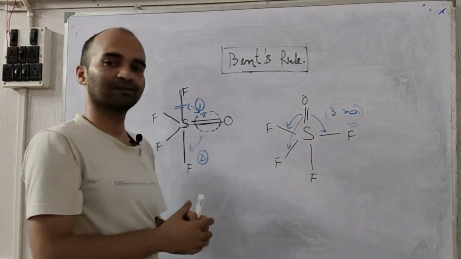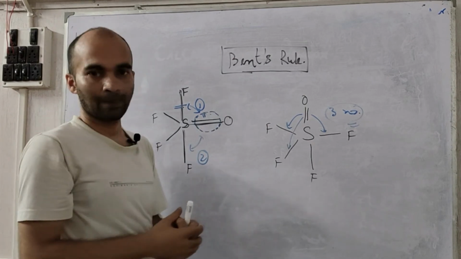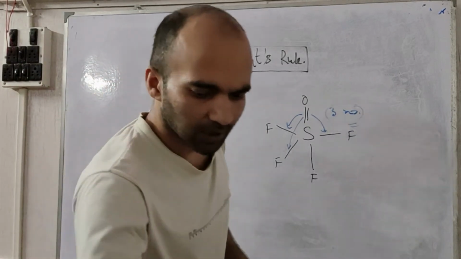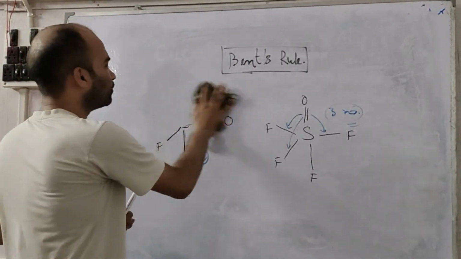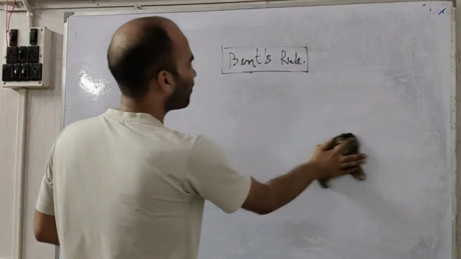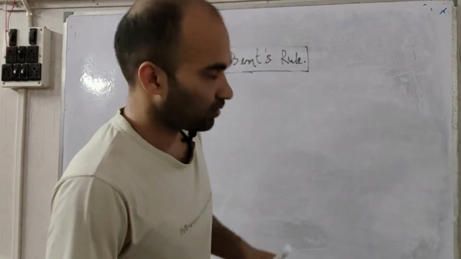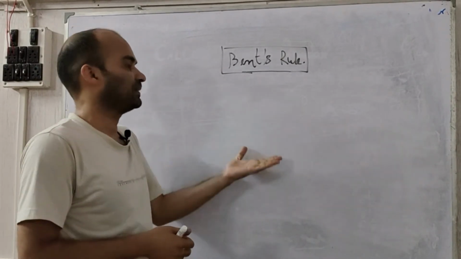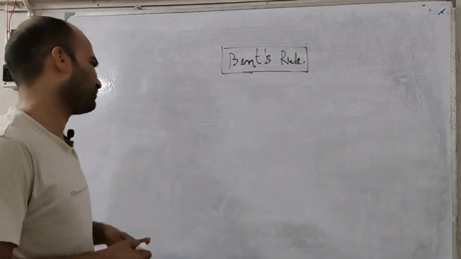Thus, by Bent's rule, we can easily conclude why any structure is distorted, why the bond angle has been increased or decreased by repulsion, by insertion of some electronegative atom.